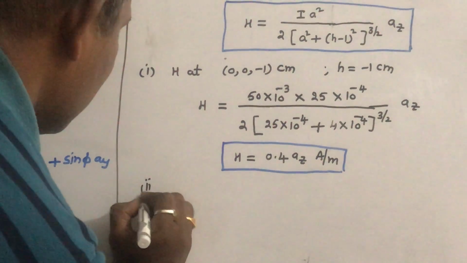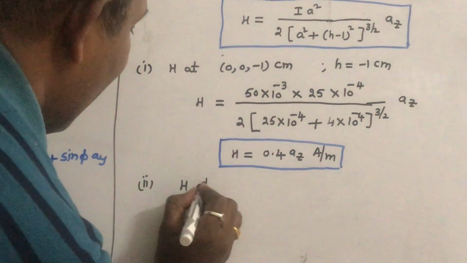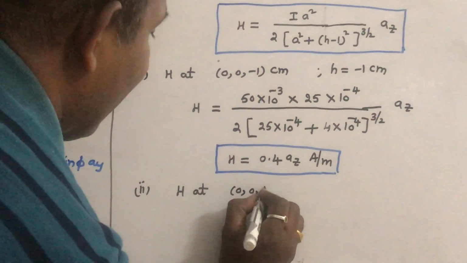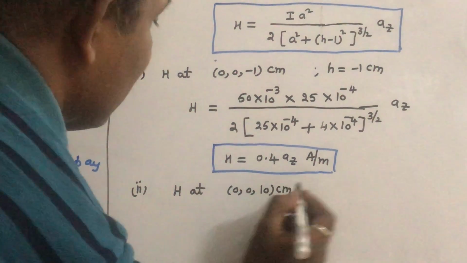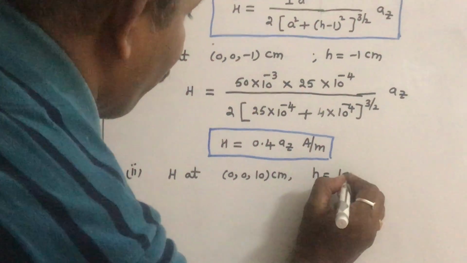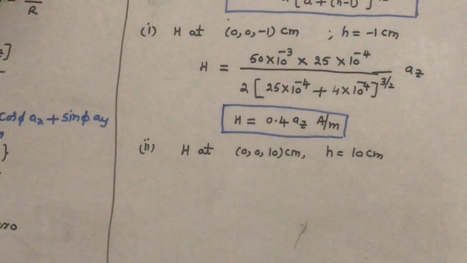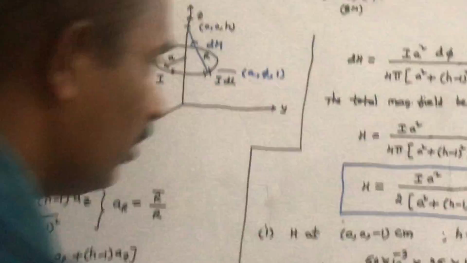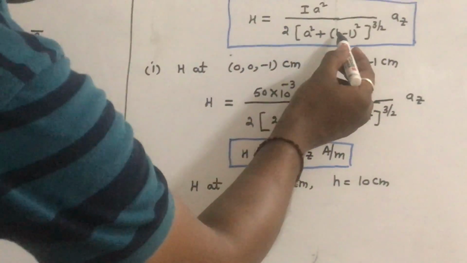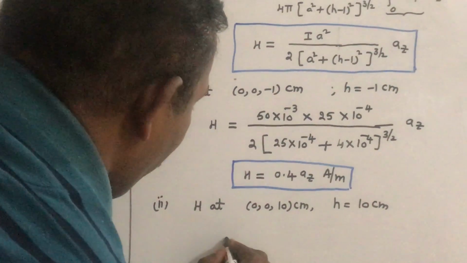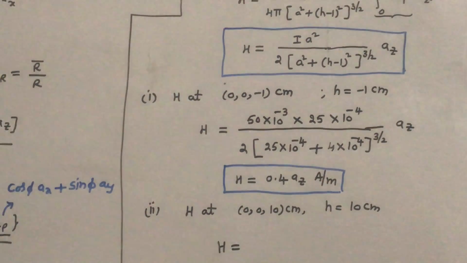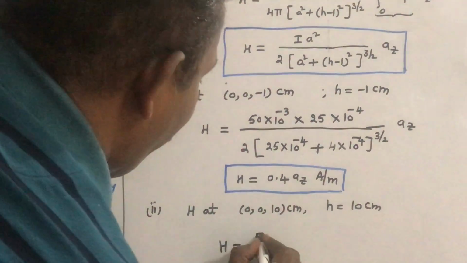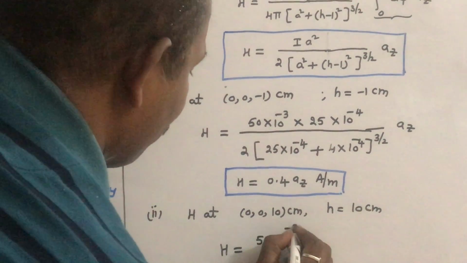What is asked in the second one? It is asked to find H at 10 centimeters. That is the 10 centimeters height. Now substitute h is equal to 10 in this equation. So H will come out as I, 50 milliamperes, 50 into 10 power minus 3.